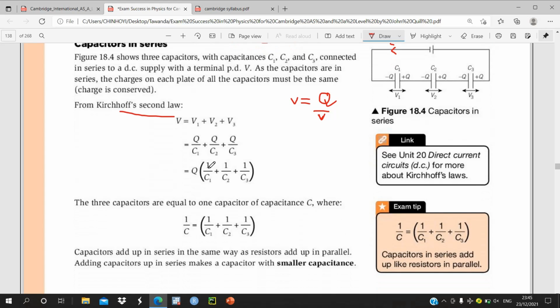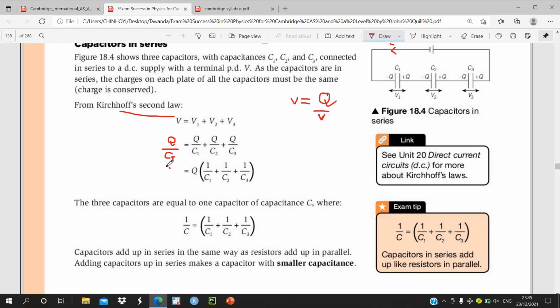So if we are to factor out the charge, here we have that charge over the total capacitance that we are looking at.